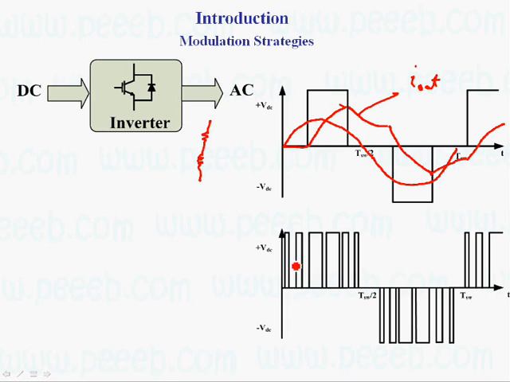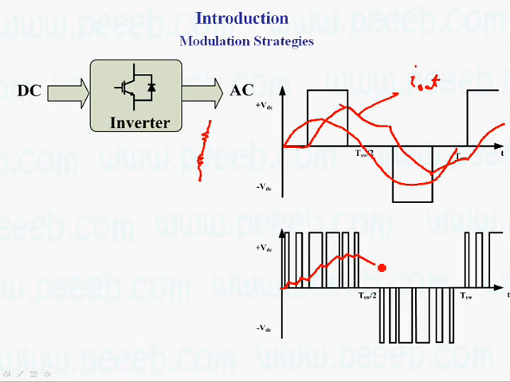But what's the difference when we increase the number of pulses? So here, for example, when the output voltage is zero, then we have a small pulse, we increase the current, and again the output voltage is zero, the current is decreased a little bit, and then we increase the current, it is decreased, and we increase the current because the voltage is positive, the current is decreased because the voltage is zero, and then we increase it, decrease, increase, and then decrease.